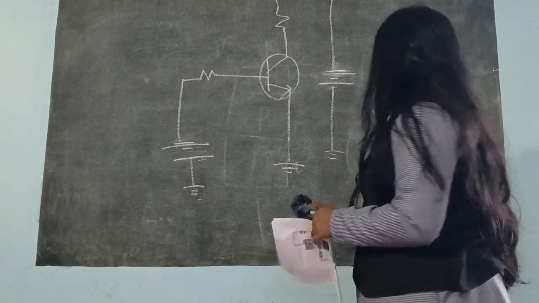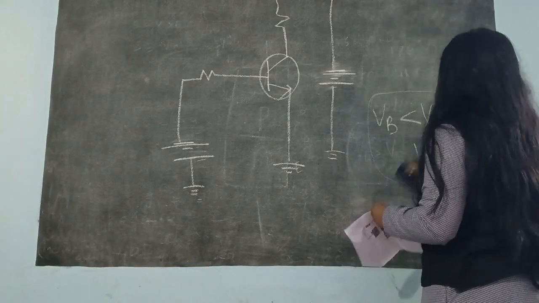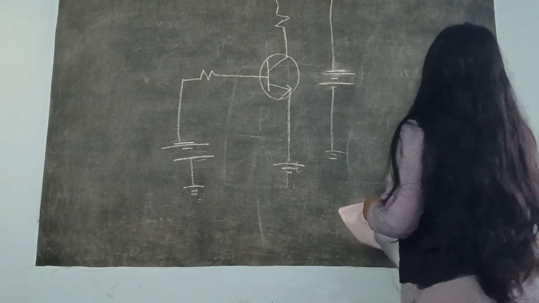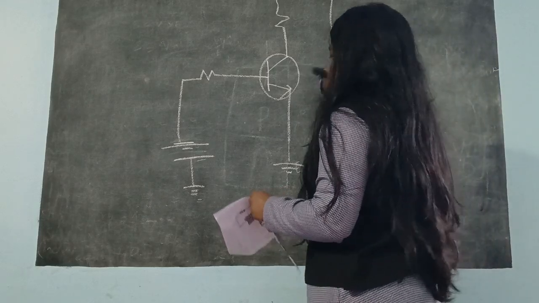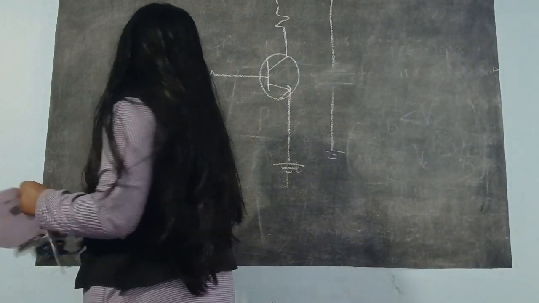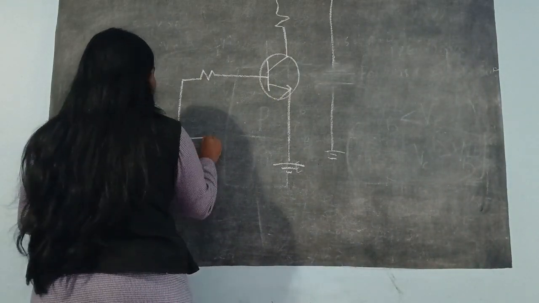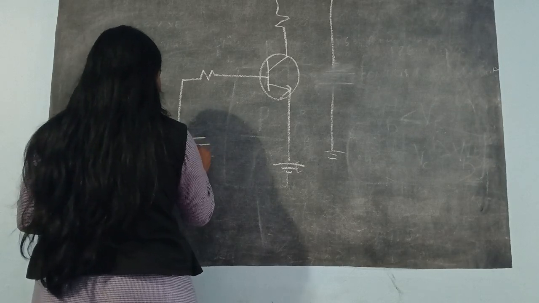The next condition is the saturation condition. That is, both the emitter and collector junctions are forward biased.